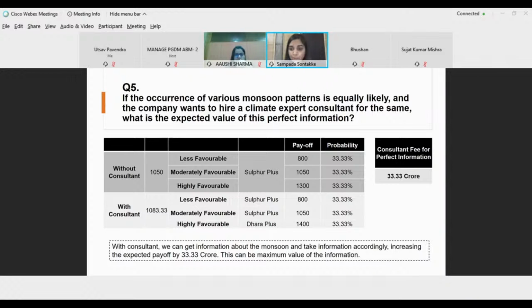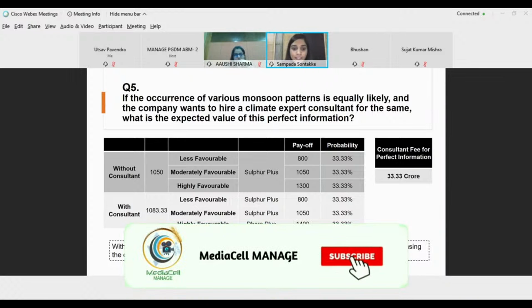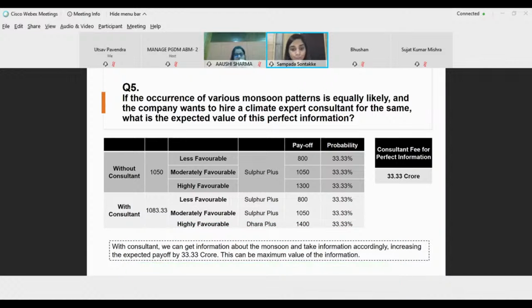Therefore, for a without consultant scenario, we have decided to go ahead with sulfur plus, which gives a payoff of 1050 crores. Now, if we consider the scenario where we employ a consultant, since we will be getting the information from the consultant, we have looked at the maximum payoff for each scenario. Therefore, as you can see, it's not sulfur plus for all the three, because in the highly favorable scenario, Dhara plus is actually giving a higher payoff than sulfur plus.